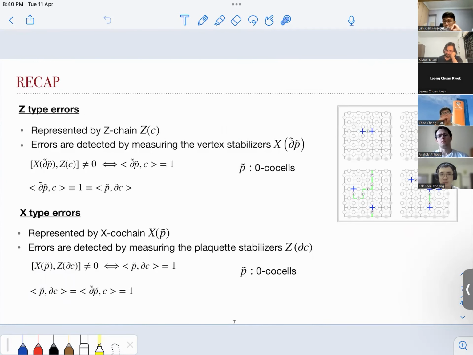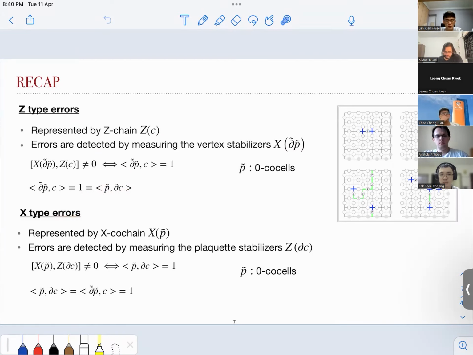Then we also talked about Z-type errors, which are represented by Z chains, and errors are detected by measuring the vertex stabilizers. Basically, they don't commute, so you get one here instead of 0. X-type errors, same story.